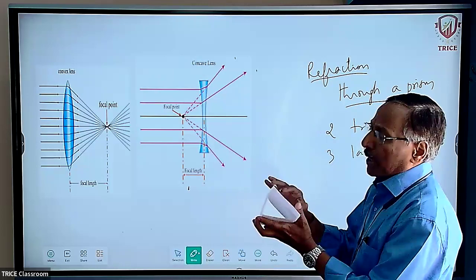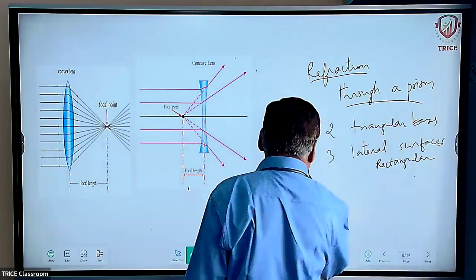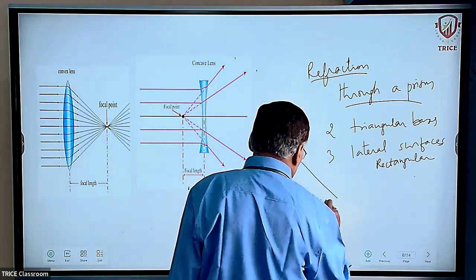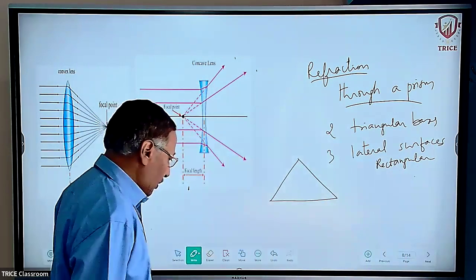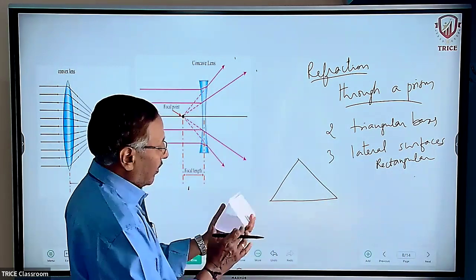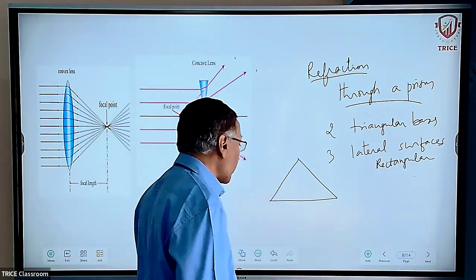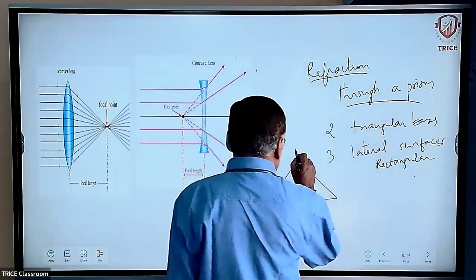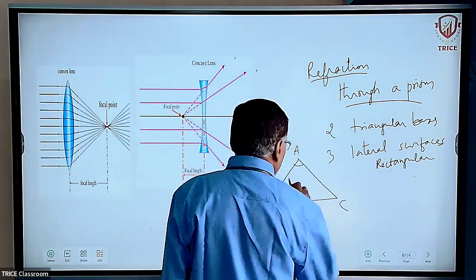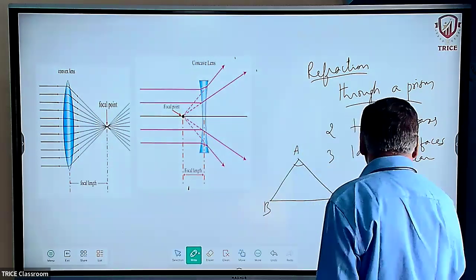Angle between two lateral surfaces is called the angle of the prism. It looks like this. All right, this is what we call a prism. Okay, I'll discuss about this tomorrow. A is the angle of the prism.